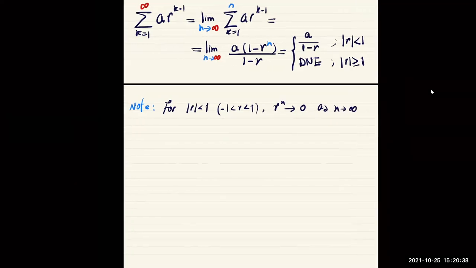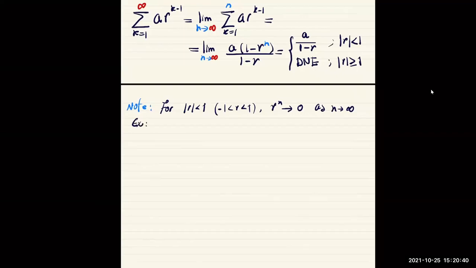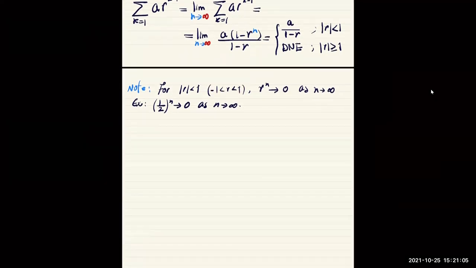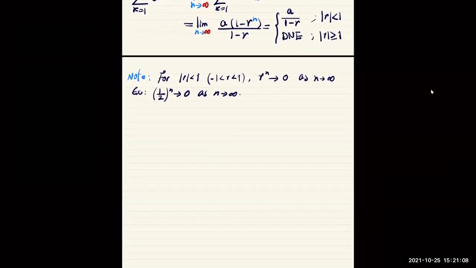Okay, so for example, if you have 1/2 to the power of n, as n gets large, this goes to 0. And again, you end up with this thing right here. And if r is any number not in this interval, then this limit does not exist.